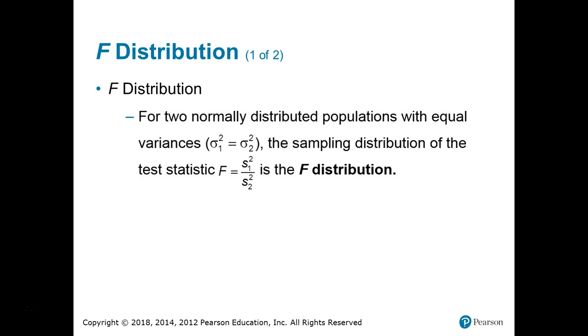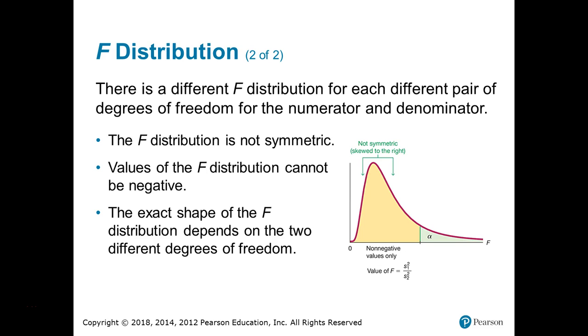So your F distribution is given by this formula again right here. And the null hypothesis would be that we are assuming that the populations have equal variance. That is sigma 1 squared equals sigma 2 squared. Similar to the chi-square distribution, the F distribution is not symmetric.